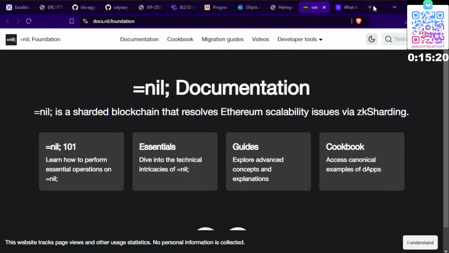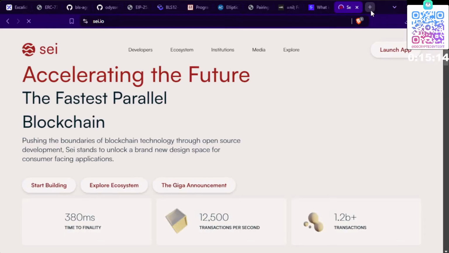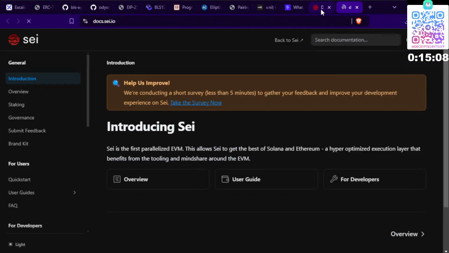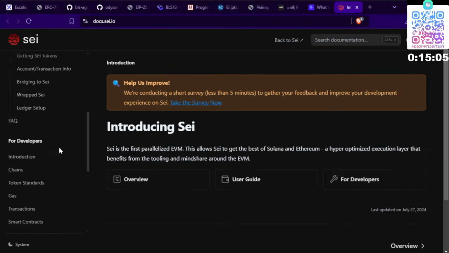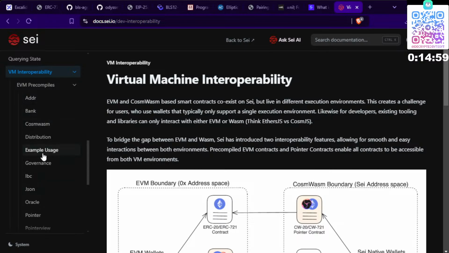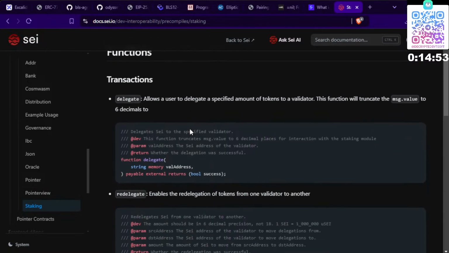That's also good because I have worked with sei.io and its developer docs. In Sei, you go to EVM precompile and staking. This precompile allows you to access their staking functions, and with this we can write a good liquid staking application for Sei, and it will be pretty interesting to write.